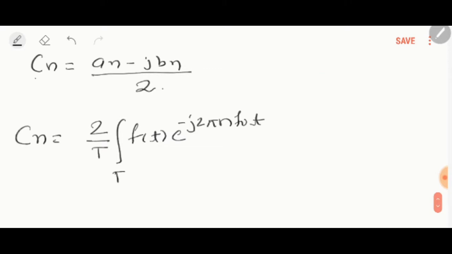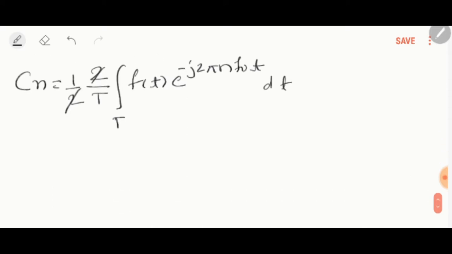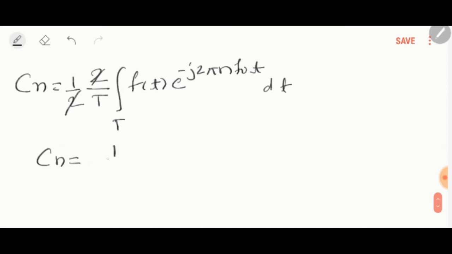So when we define Cn as an minus jbn by 2, due to this 1 by 2, this will get cancelled and we'll have the definition of Cn as simply 1 over T integration over T ft e to the power minus j 2 pi n f naught t dt.